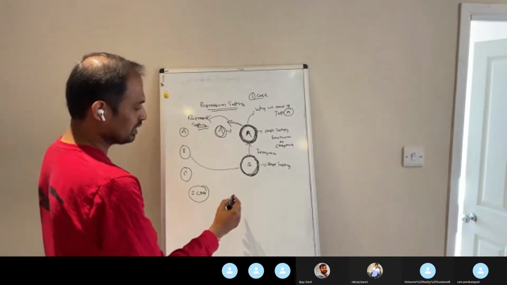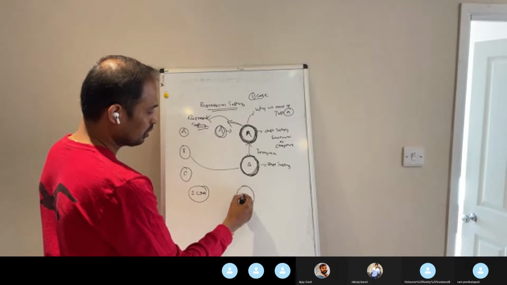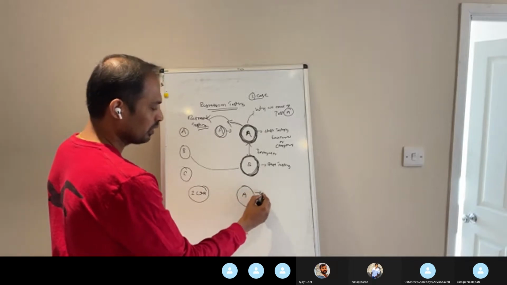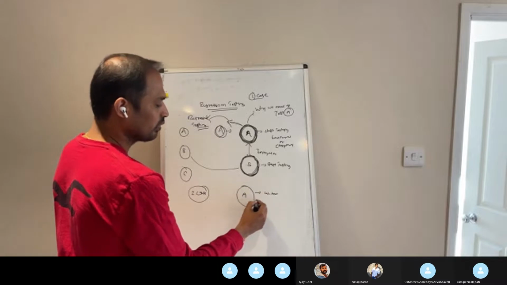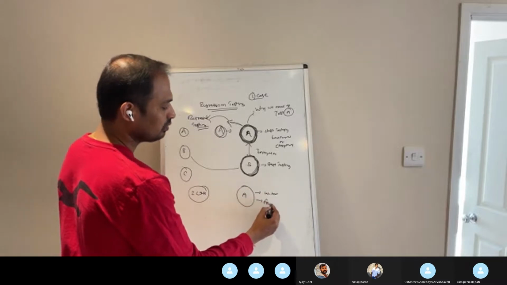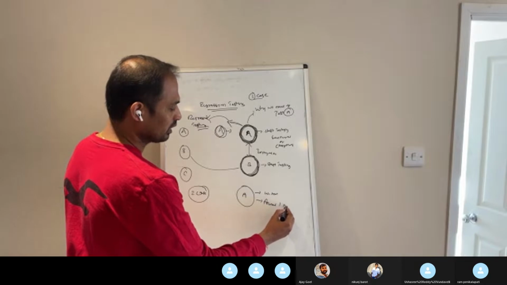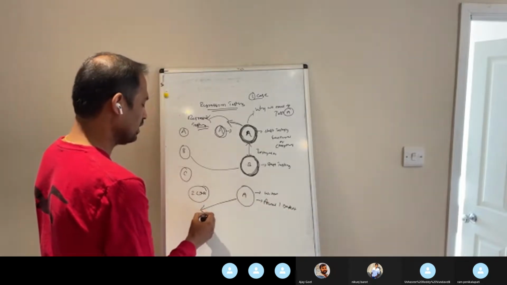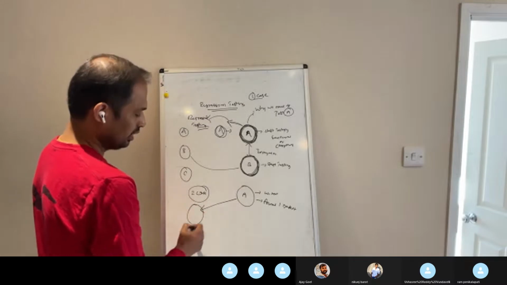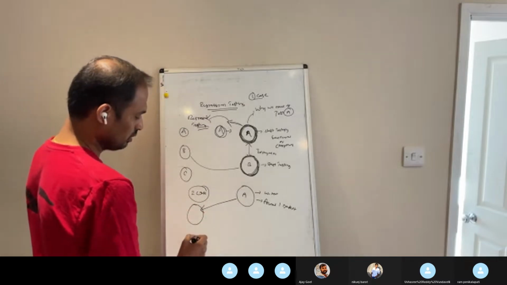Suppose in the second case, we have A module. We have tested A module. Then we found one defect. What will we do? We'll send the defect to the developers. What will the developers do?